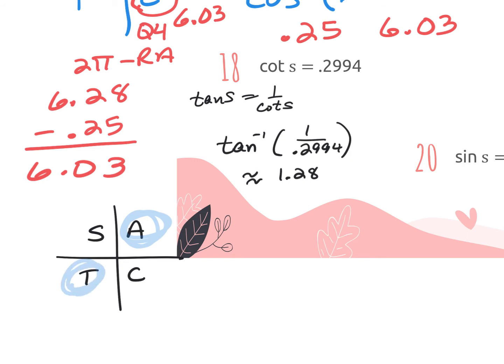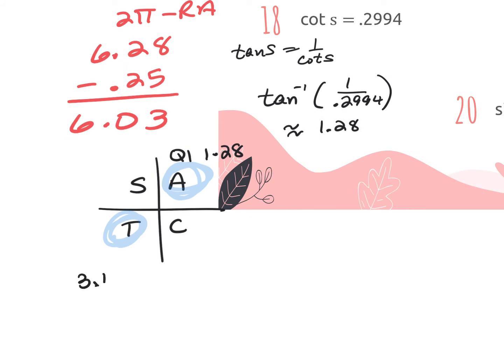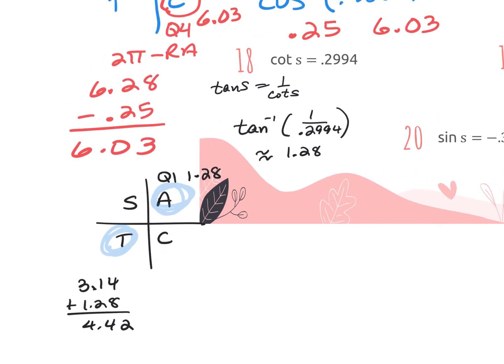The answer we got from the calculator is the quadrant 1 reference angle. Remember, in quadrant 3, we're going to do 3.14 plus 1.28. Once I do this, I get 4.42. So the two answers here for the cotangent are going to be 1.28 and 4.42.